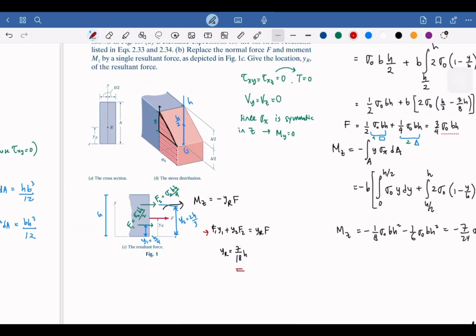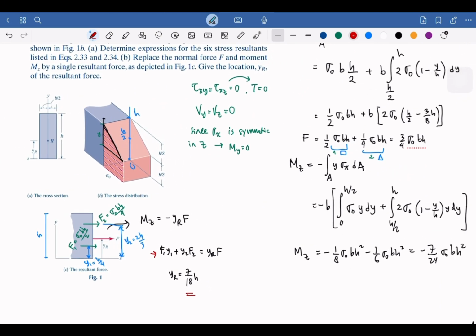Okay, so far those are the definitions for using the inertia and also the centroid of the masses.